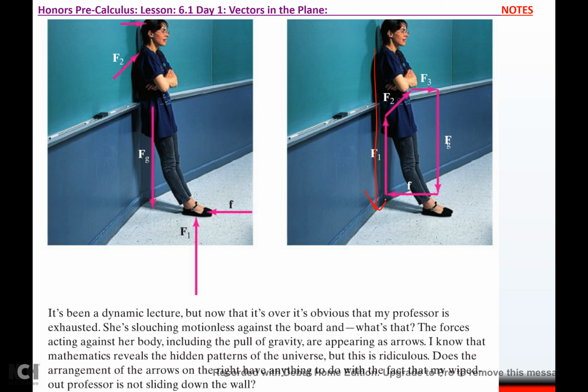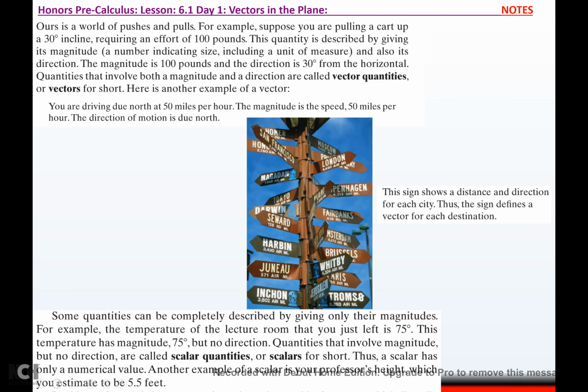There's all kinds of forces acting against her body to keep her in that position and not sliding down onto the floor. Okay, it says ours is a world of pushes and pulls. For example, suppose you're pulling a cart up a 30-degree incline, requiring an effort of 100 pounds.